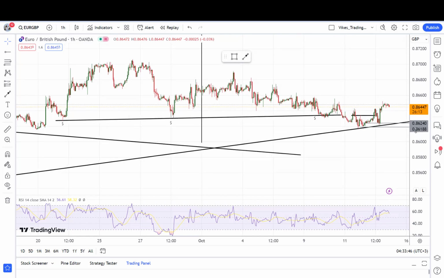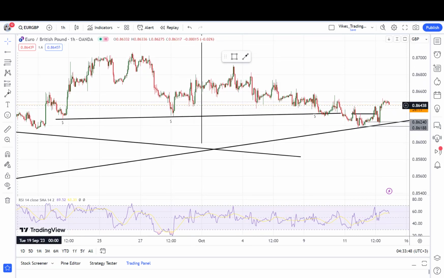So for people who trade with the ICT strategy, I believe their first entry will have been around this place.